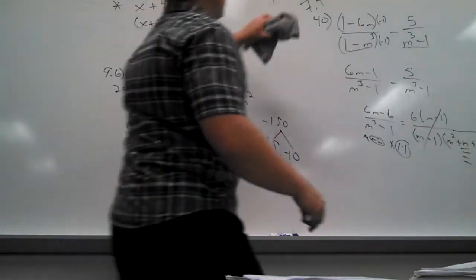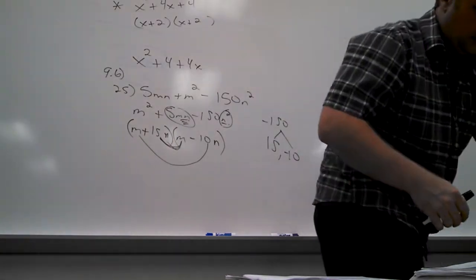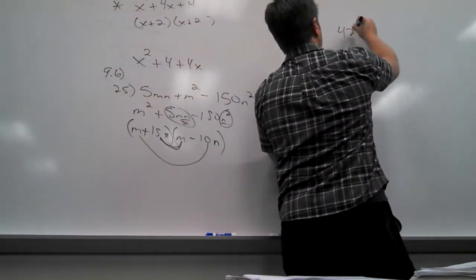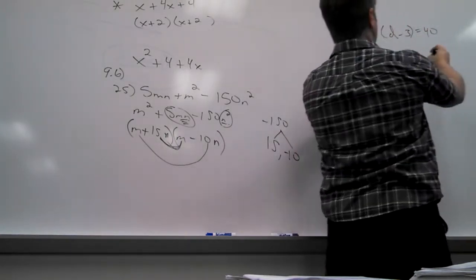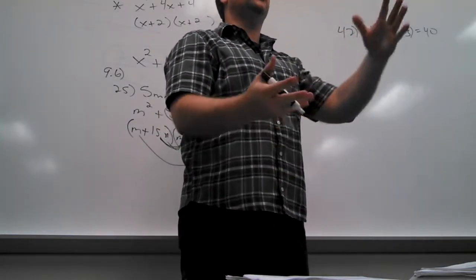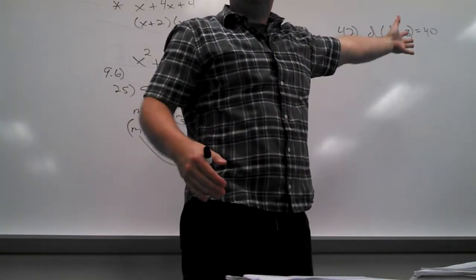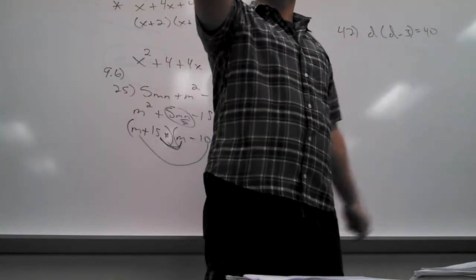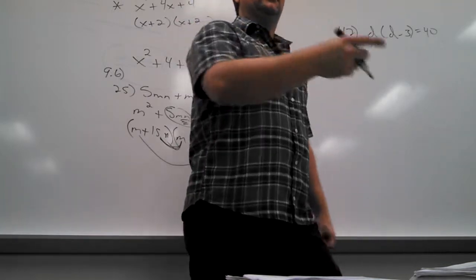All right. Let me see if I can not do this whole problem. So the main problem with number 42, when you first come to it, is again, I can't just say d equals 40, d minus 3 equals 40. Right? You can't do that. If they were both 40, then it wouldn't multiply by 40. That doesn't make sense in the first place. Don't you equal it to 0? You have to. But how do you get there legally?